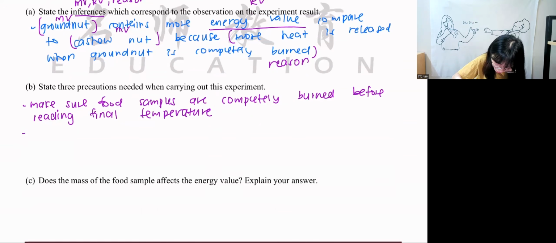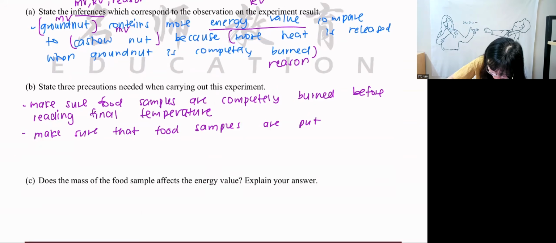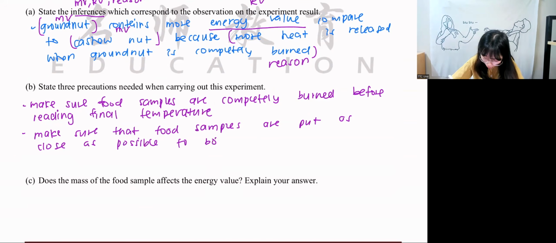Next, you can say, make sure that food samples are put as close as possible to the bottom of the boiling tube.